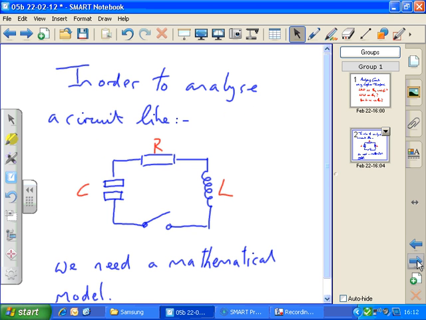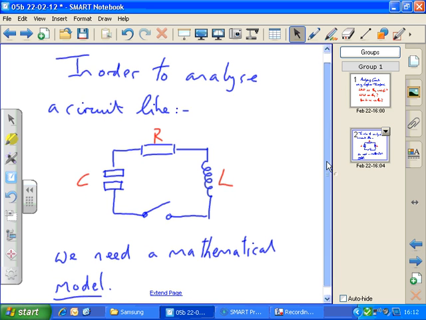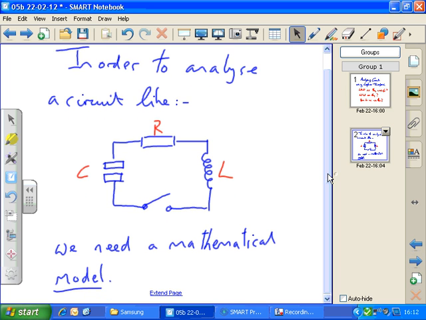So we're going to use these Laplace transforms to analyze circuits like this. So I'll put one on the board.